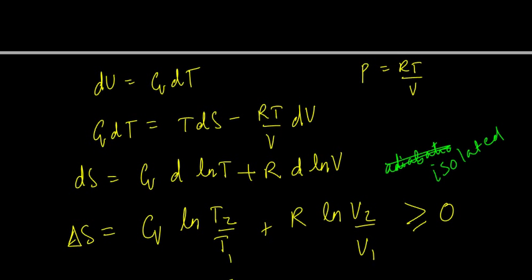So whatever the delta S of the system is, that should be greater than 0. I agree that delta S will remain the same, but using the condition that delta S is greater than or equal to 0 will not be right if the system is not isolated. No, even in the adiabatic case, there is no heat exchange with the surroundings, so there is no change of entropy of the surroundings.